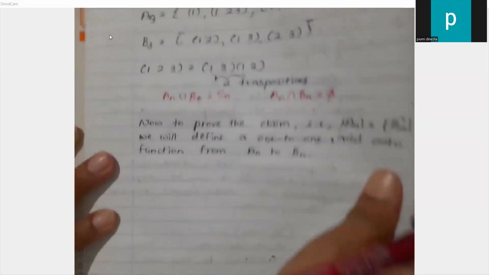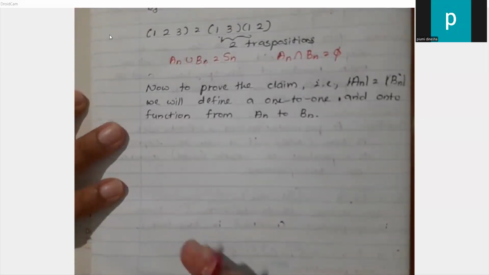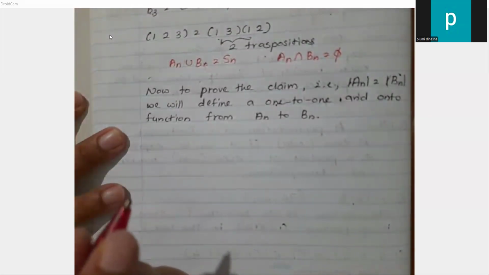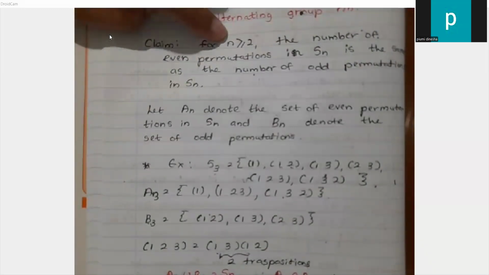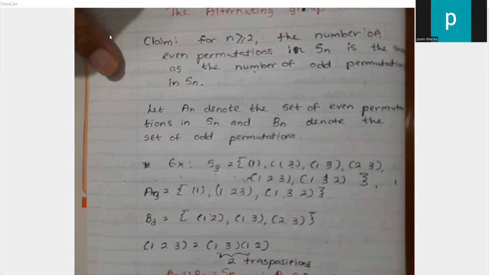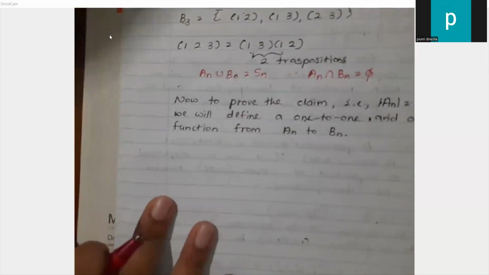Now, observe that n is greater than or equal to 2. So we already know in Sn we have the permutation (1 2). Let me write it in.